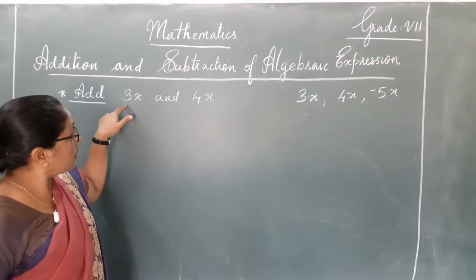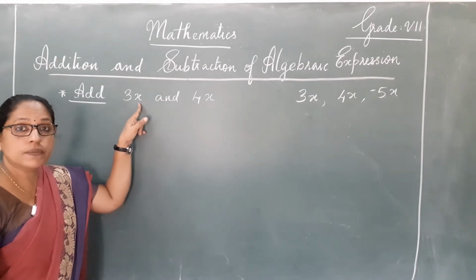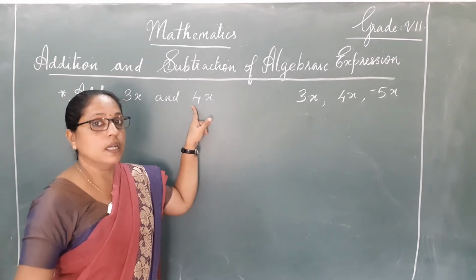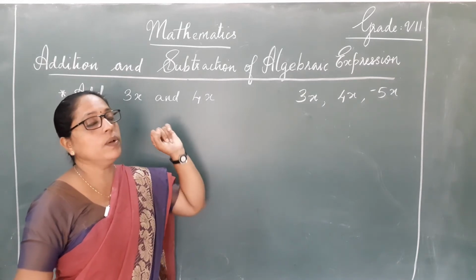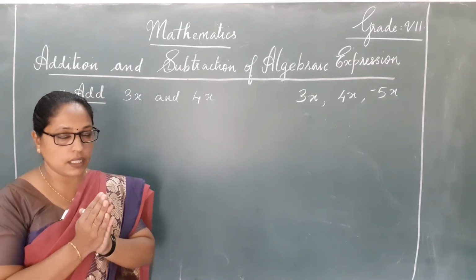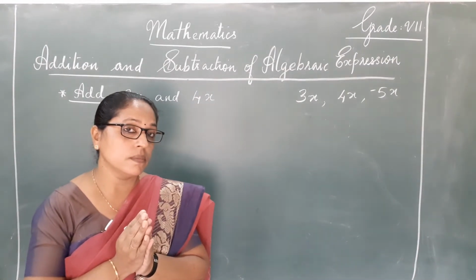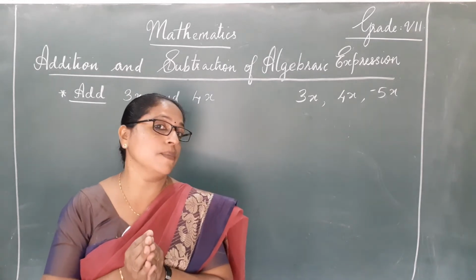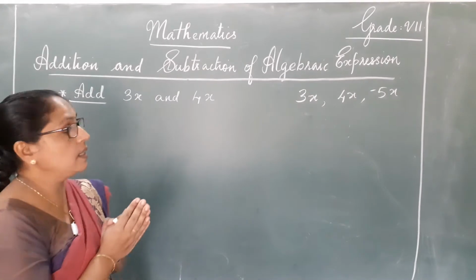In 3x, the numerical coefficient is 3 and the literal coefficient is x. Here the numerical coefficient is 4 and the literal coefficient is x. We are going to add them. Before adding, what do we have to do? We have to check that those terms are like terms.